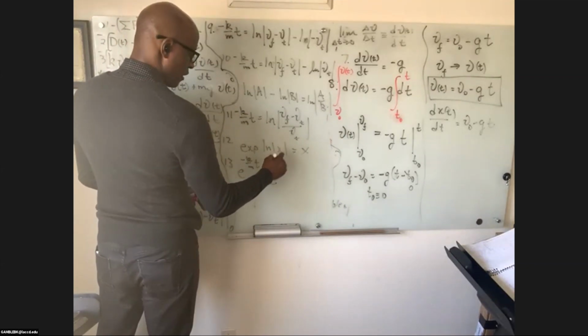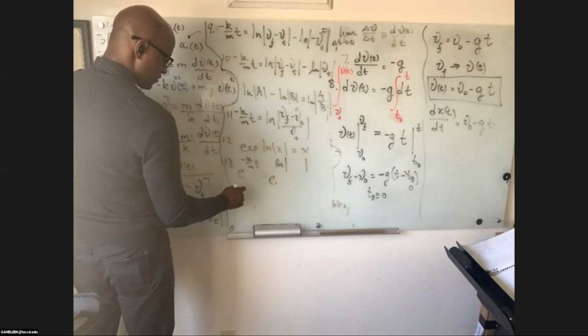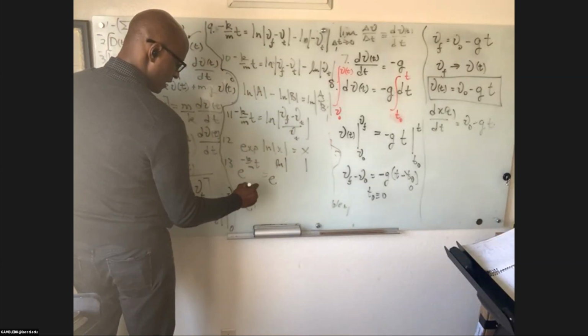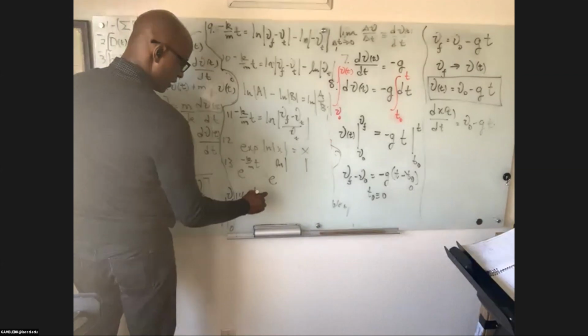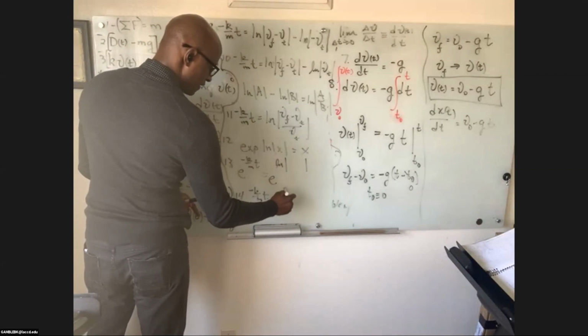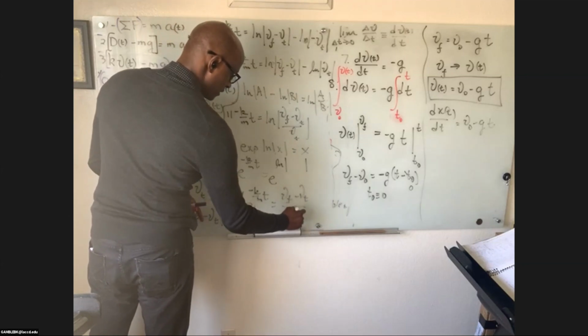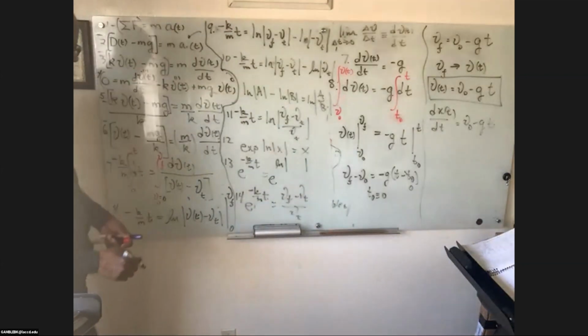Exponential of the log of all that stuff, in the end, just gives me e to the minus k over m times t equals (v_f minus v_t) over v_t. Everybody see that?